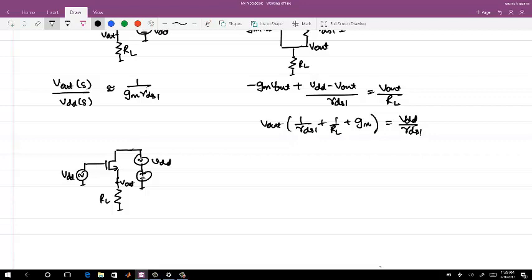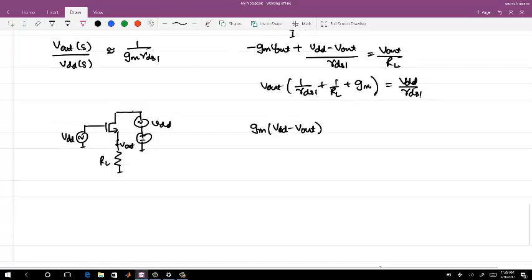In addition to the expression we have here, we have GM times VDD minus Vout. This is actually acting as a source follower, so without going to the expression, I can easily say that Vout over VDD of S can be close to 1.